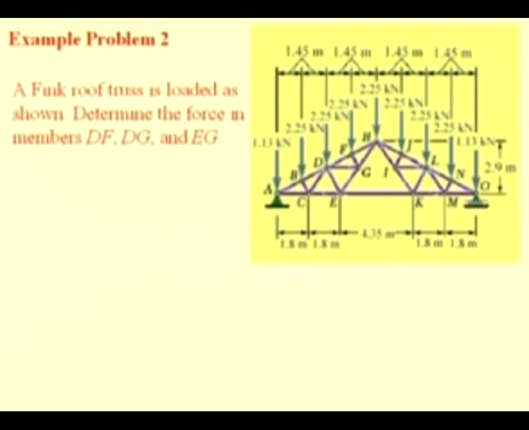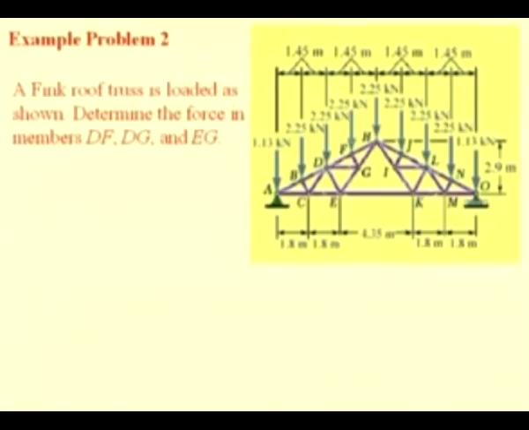In order to determine these forces, we can conveniently use the method of sections. So, in order to use the method of sections, we have to see if we can pass a section which passes through the members of interest, that is DF, DG and EG. Let us consider this section AA.